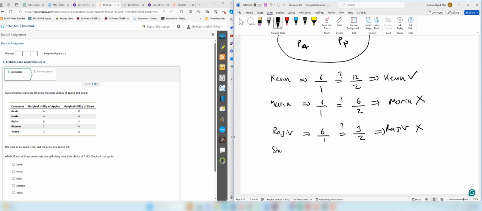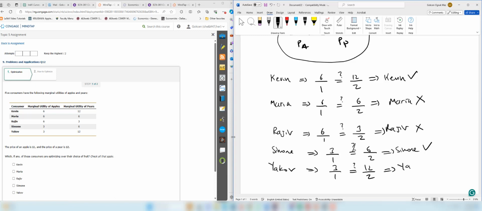The next one is Simone. Is 3 divided by 1 equal to 6 divided by 2? Yes, this equality is satisfied. Therefore, Simone is maximizing utility. And finally, Yaakov has 3 divided by 1 versus 12 divided by 2, and this equality isn't satisfied. Therefore, Yaakov is not maximizing utility.